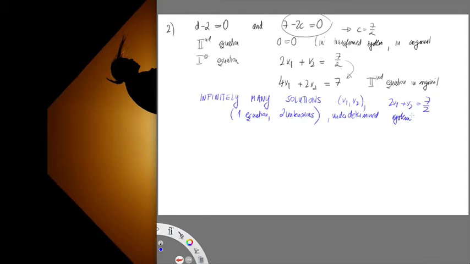The way you will typically report this is to express all of your solutions in the form, let's say x1, and then you express what x2 is in terms of x1, 7/2 minus 2x1, so that's your x2, right? And then whatever x1 you plug in, that works as a solution to the system.